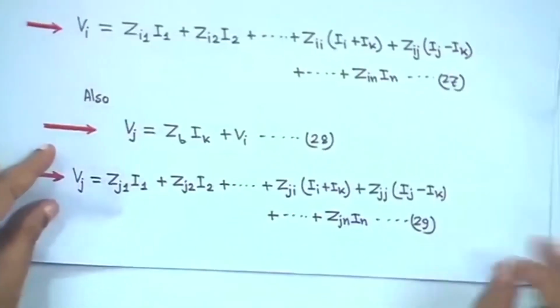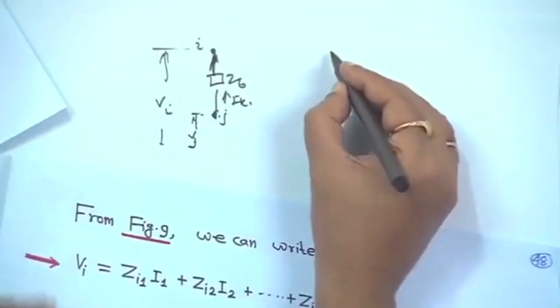So, this is equation 28, that is Vj is equal to Zb Ik. Actually, it is a simple thing.